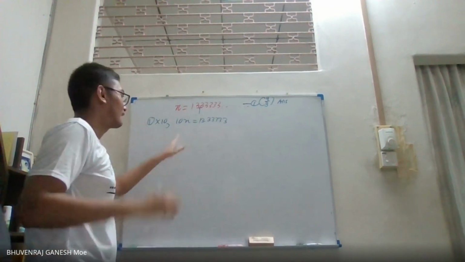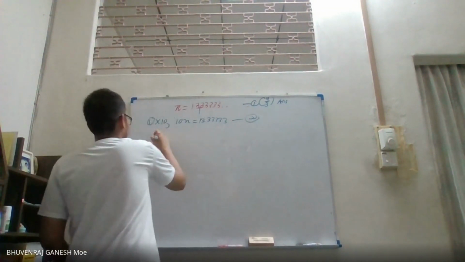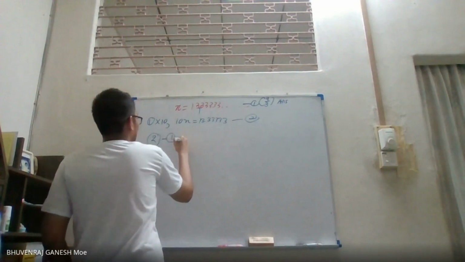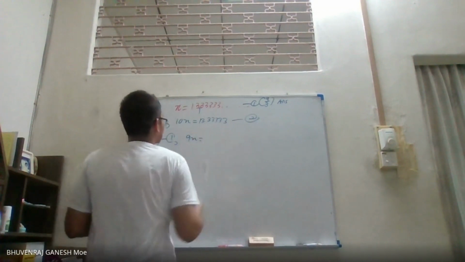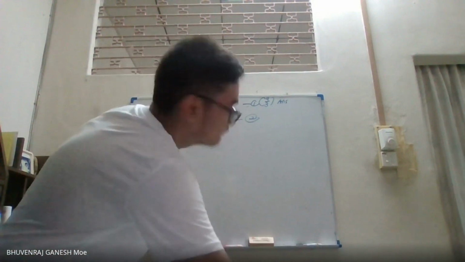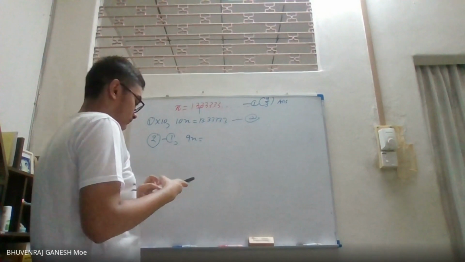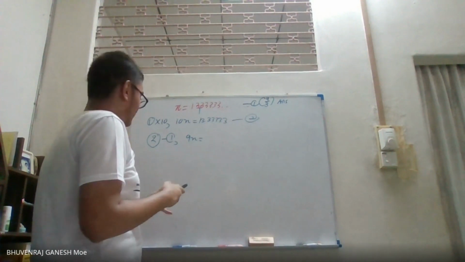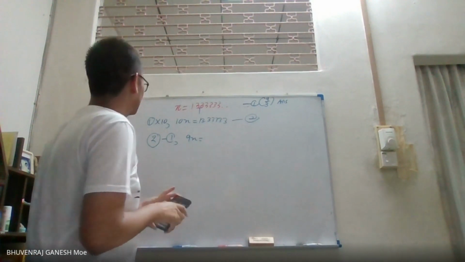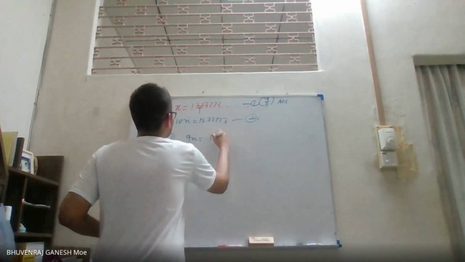So from here we can form a fraction actually. If I call this equation 2, you will take 2 minus 1, you will get 9x equals to, with the calculator, 13.33333 minus 1.33333, you'll get something around 11.997.